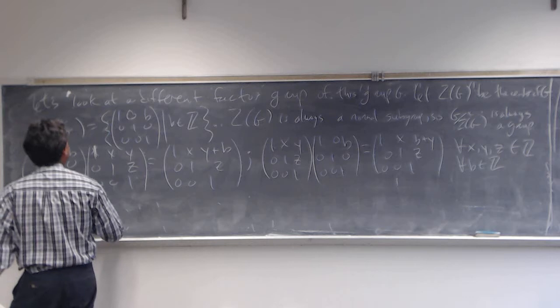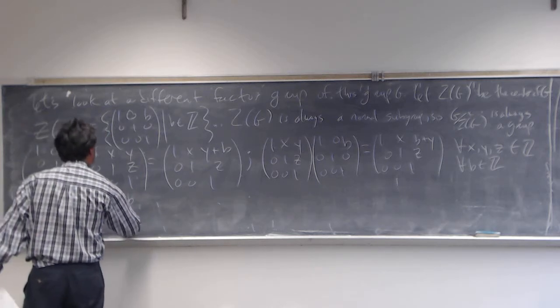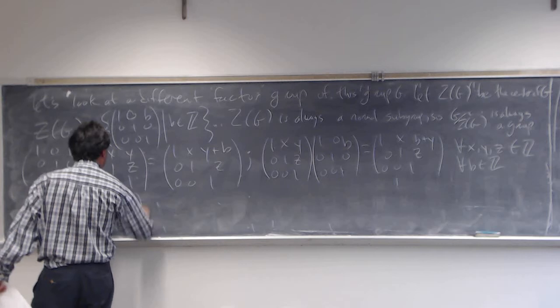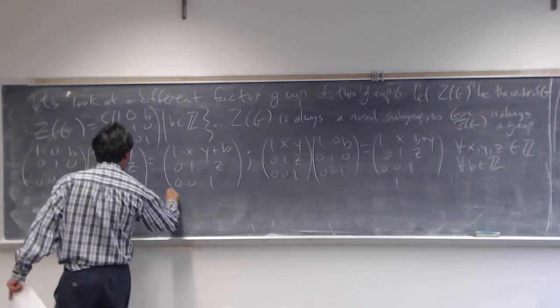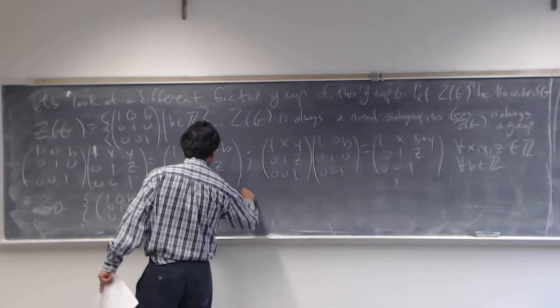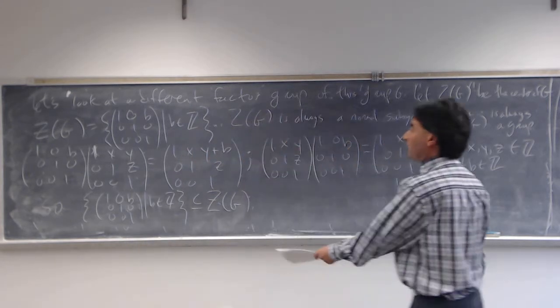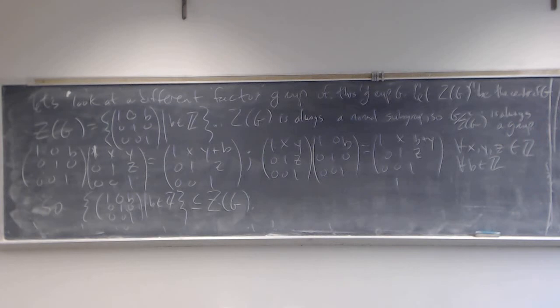So this tells us that this set is contained in the center of the group, because every element in that set commutes with every element in G.